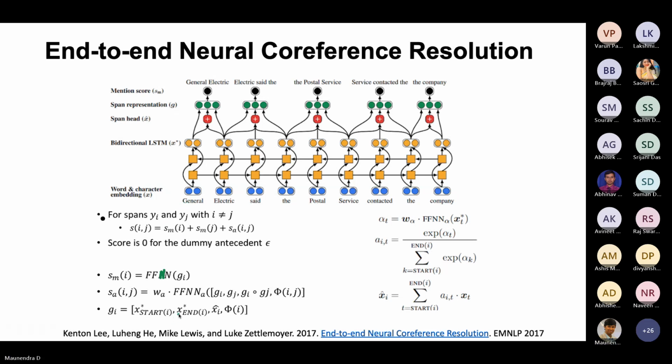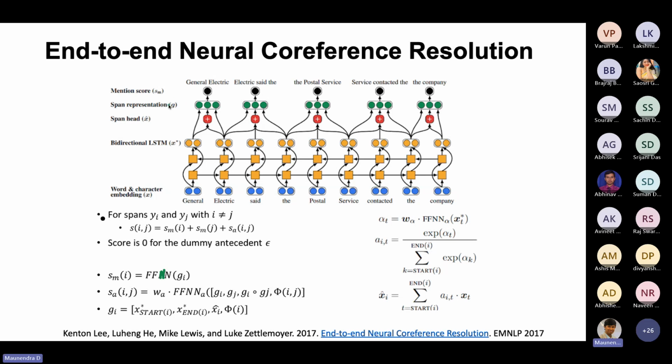So before coming to this equation, just look at this because the terminologies are mentioned here. So this token, you pass through this architecture, you get a representation from here, and suppose you know that yi is for General Electric. From this you can capture a representation for the span.